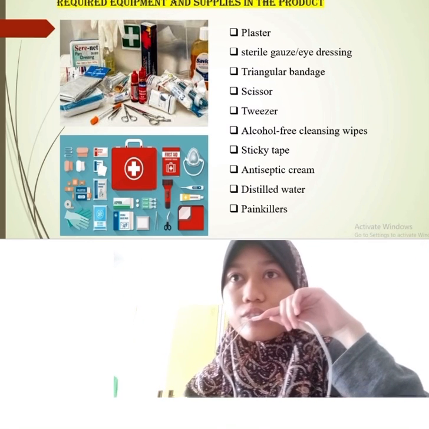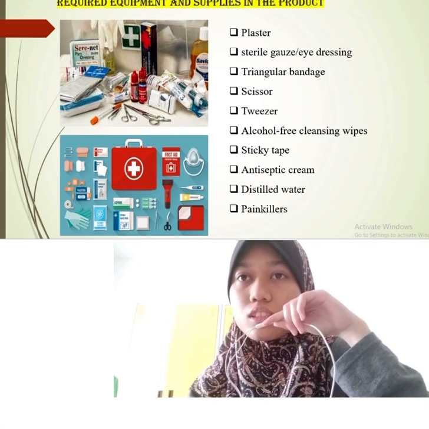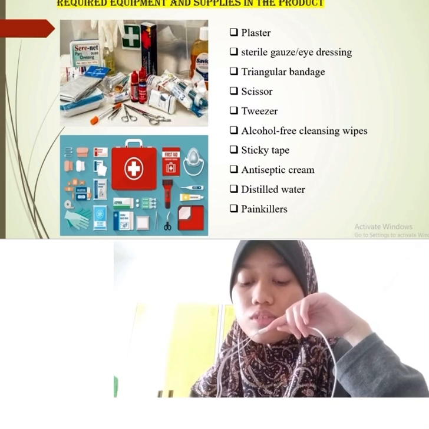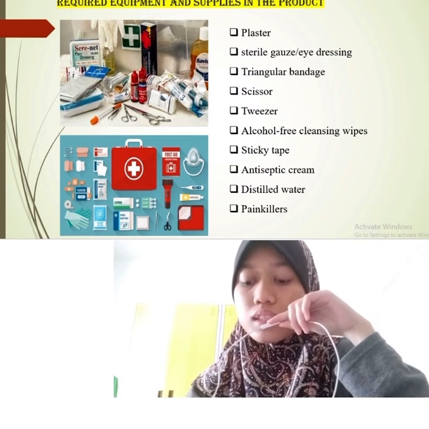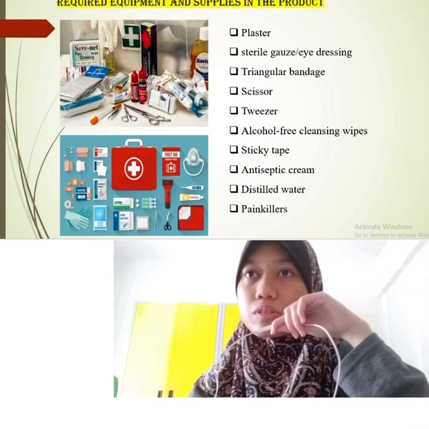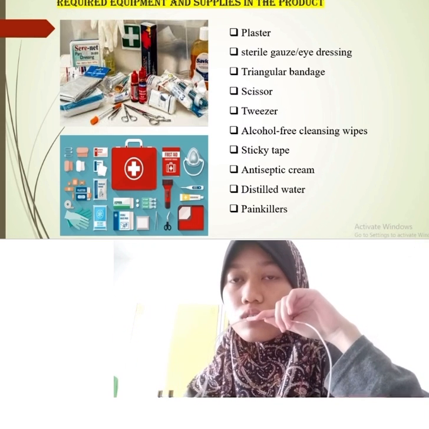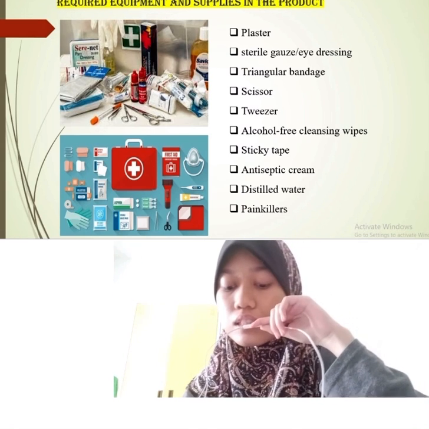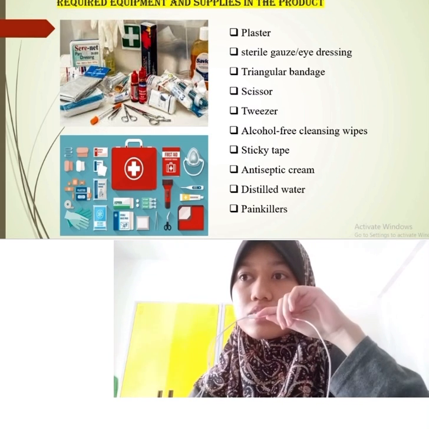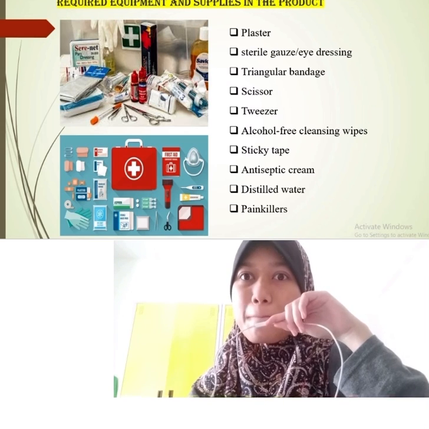Then we have triangular bandage, which is used as an arm sling or as a pad to control the bleeding. Not only used for an arm sling, it's also used to support an injury to a bone and to a joint.